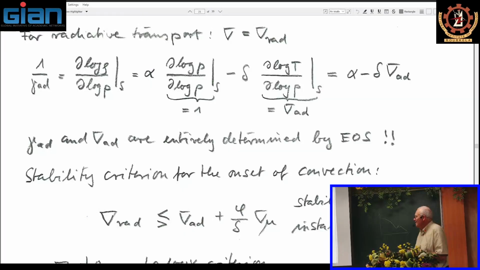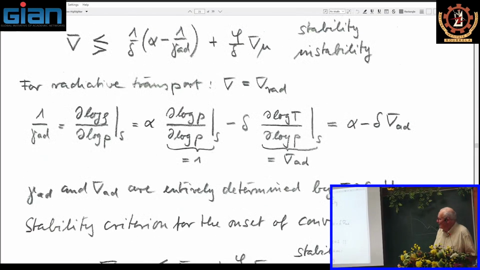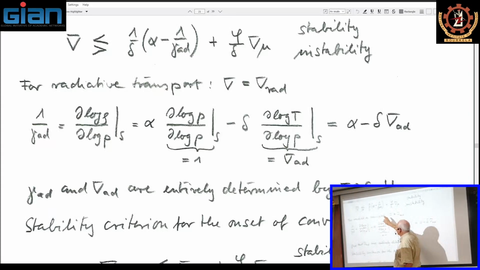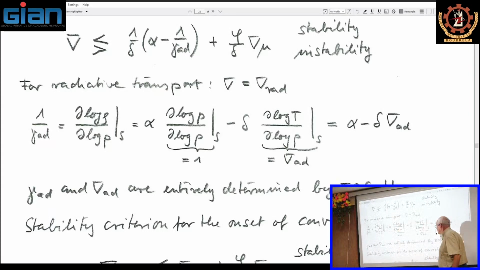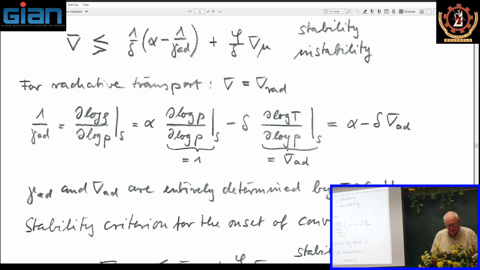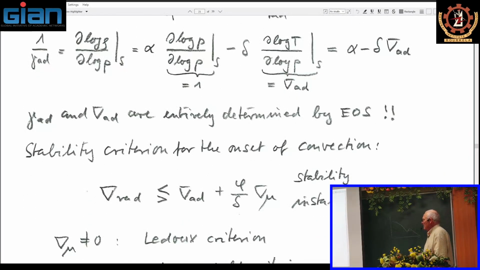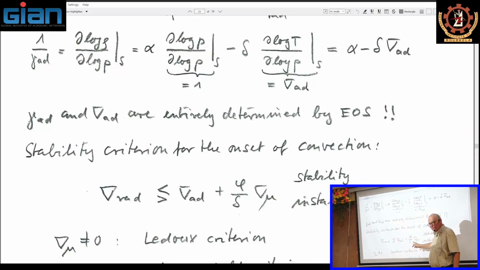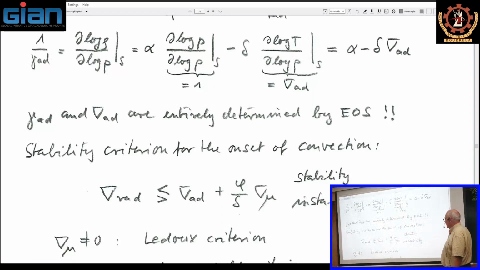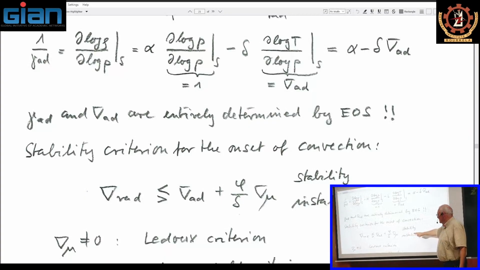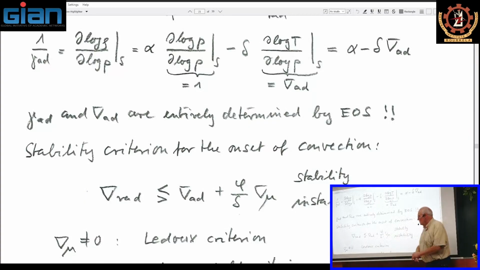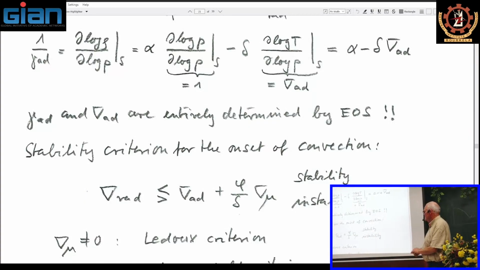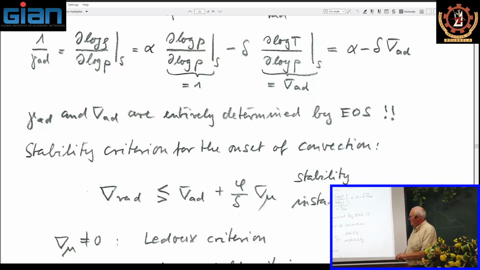So this quantity is nabla adiabatic from this relation, and we are left with the following final criterion. Nabla radiative is smaller than nabla adiabatic plus the term involving the gradient of mu, nabla mu, for stability. In the case of instability, nabla radiative is bigger than this. Well, this is now the more general form of the instability criterion.